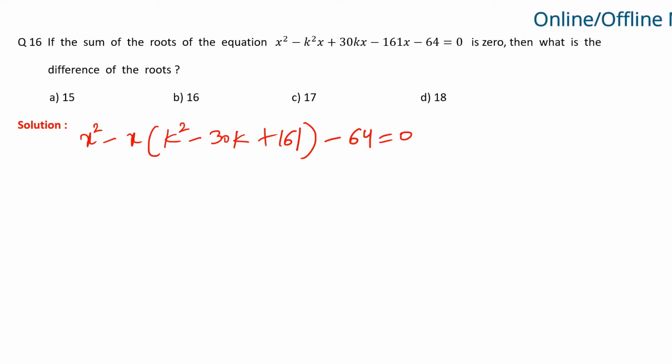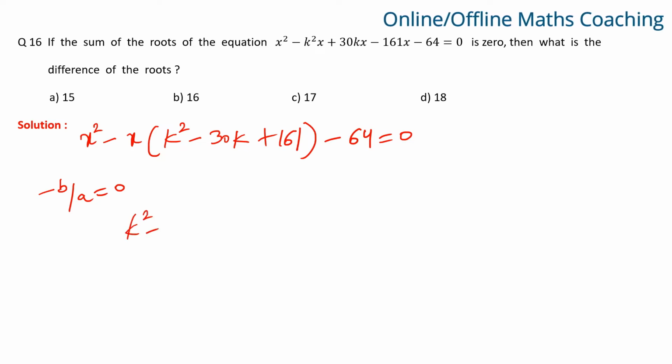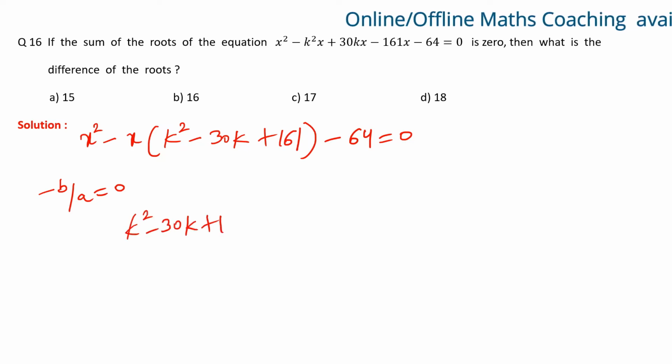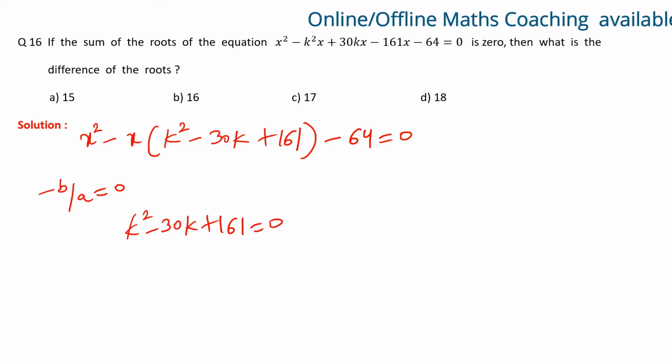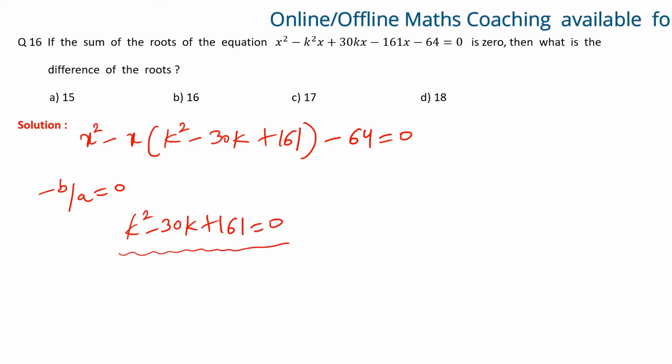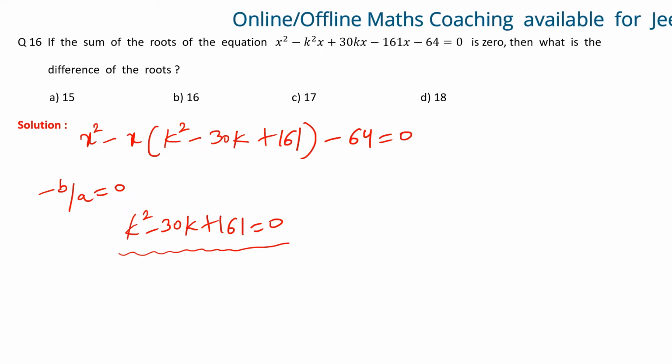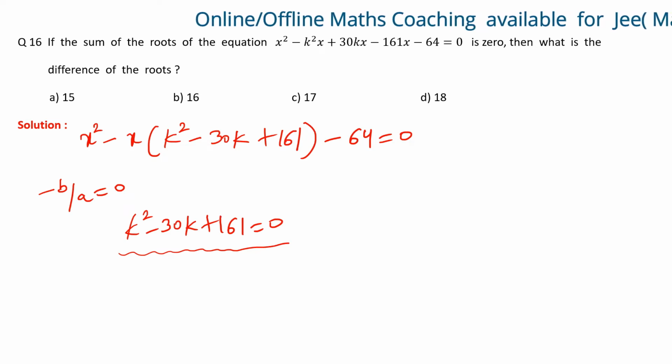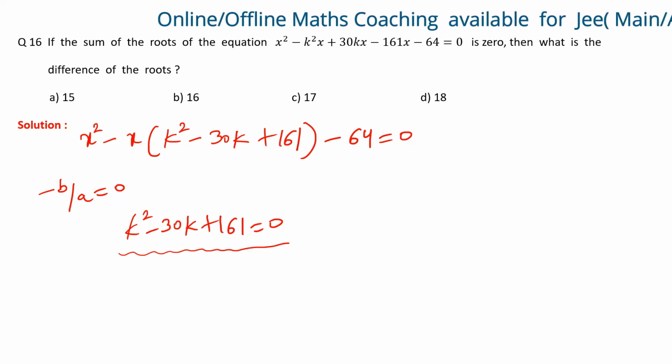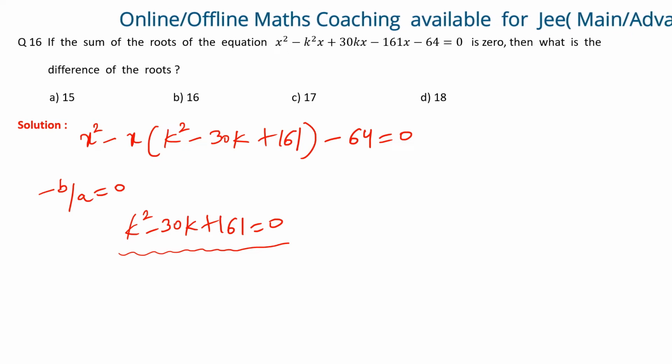Now, since we are given the sum of the roots to be 0, that means −b/a will be equal to 0. Or I can say k² − 30k + 161 will be equal to 0. Now students, there is no need to solve this equation for k. Why? Because we are just concerned with the roots of the original equation.